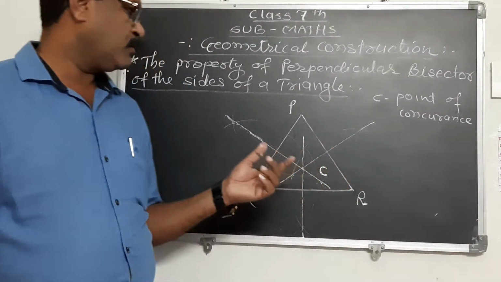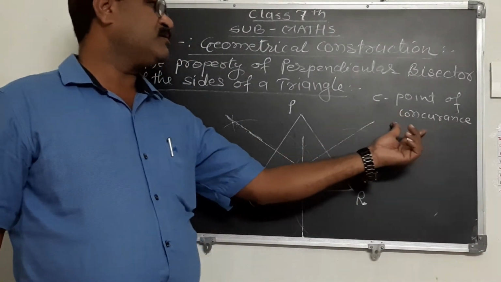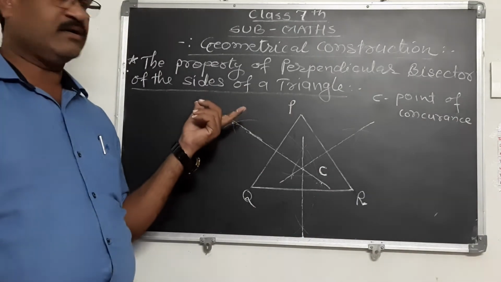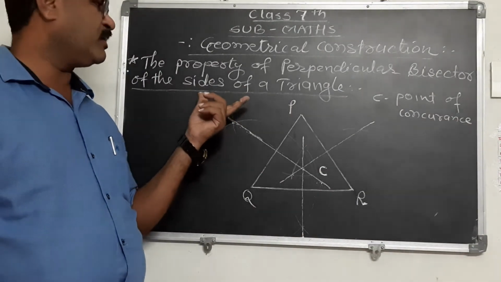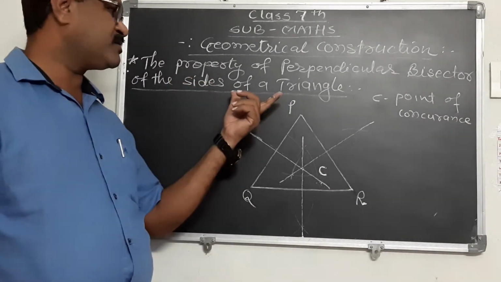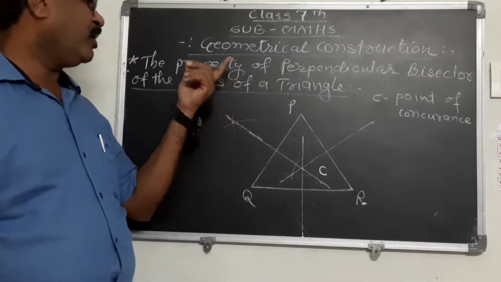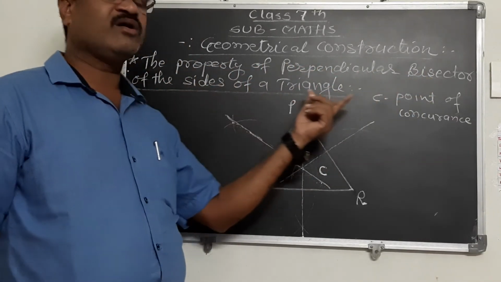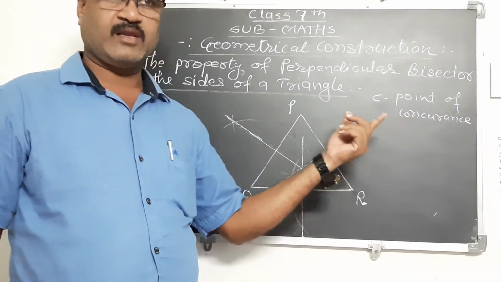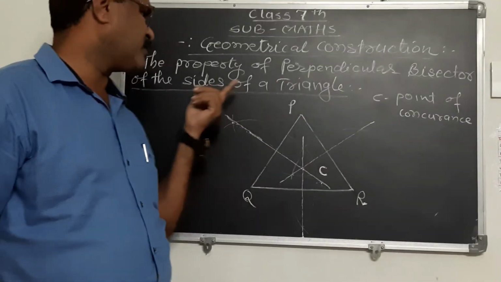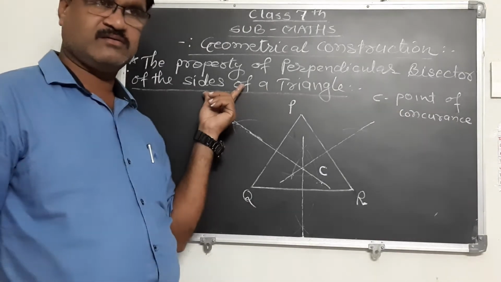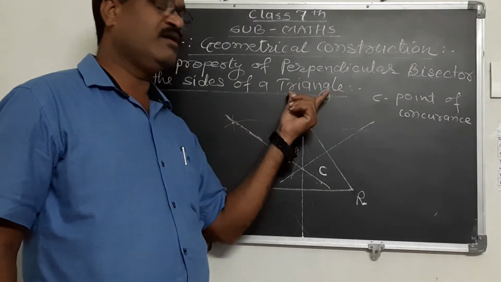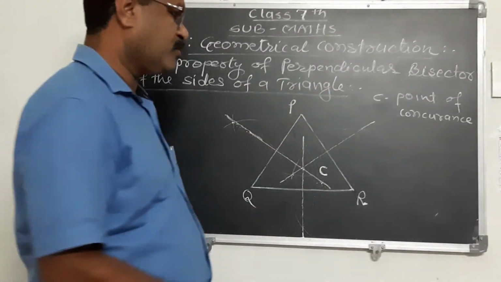From this point of concurrence, we conclude the property of this triangle: all the perpendicular bisectors of the sides of a triangle are concurrent. Concurrent means what?